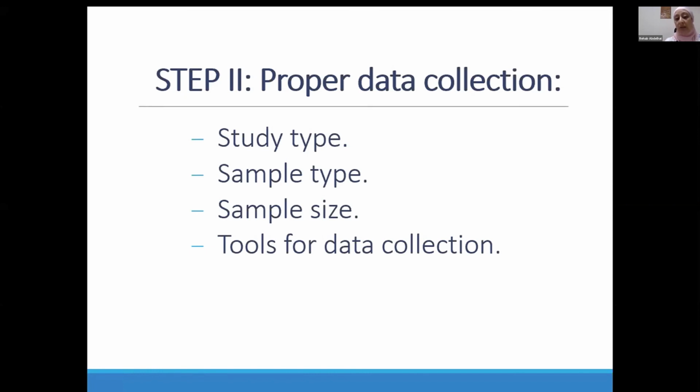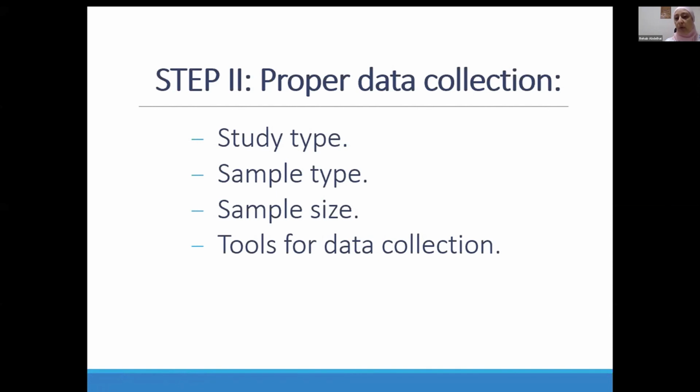And then we have to address the sample size. How much or how many people will I need within my study in order to achieve reliable and valid results? And how am I going to sample these people out of a greater number of persons?